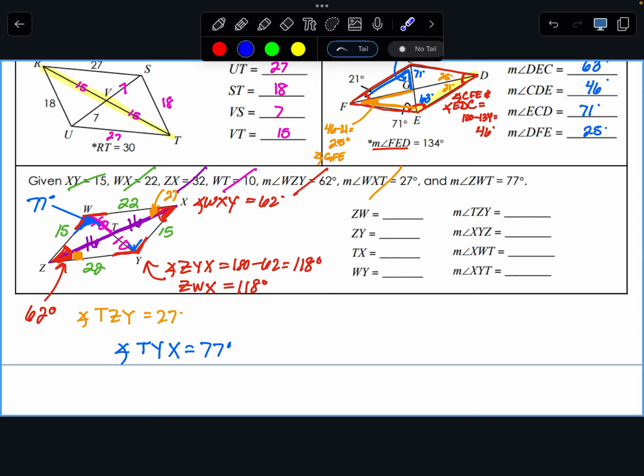Now I'm going to have to find this piece and this piece, because you know you're going to be asked to find every piece of the angle. So remember that this whole big one outside is 118 and this little blue part is 77. So 118 minus 77. Where's my calculator?